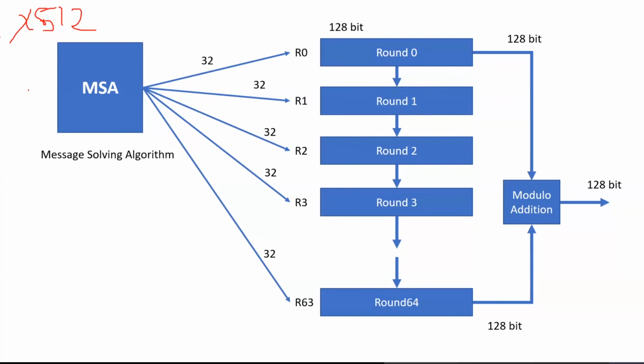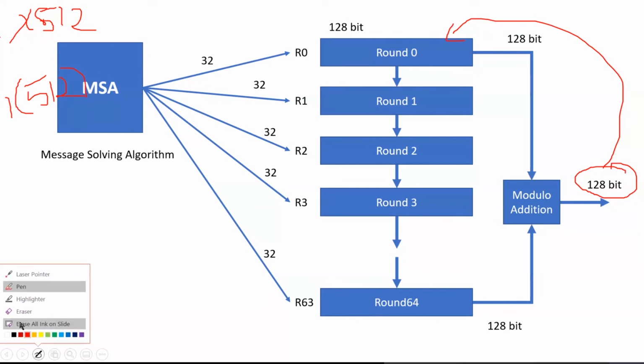So the entire process happened for the first 512 bits. Finally, when I get the output of 128 bits, I feed it to round 0 for the next 512.